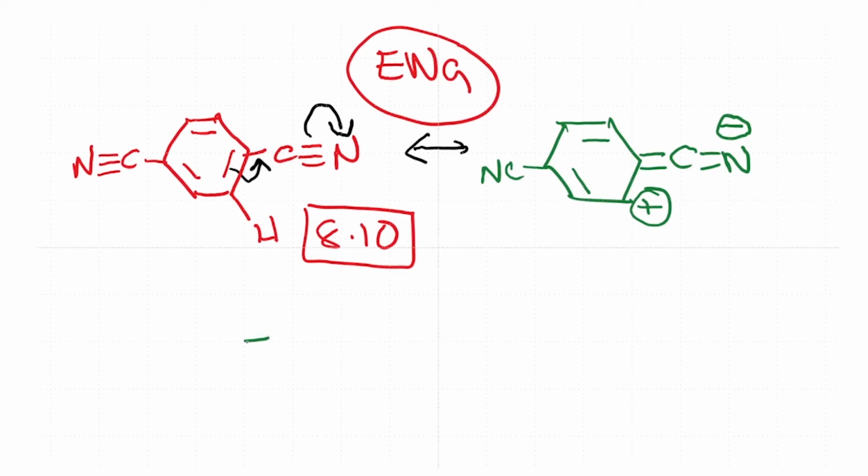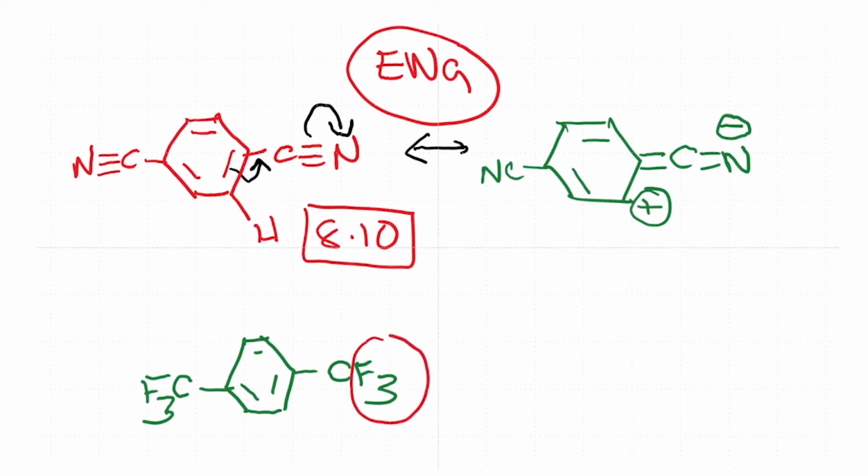The last example we're going to look at is this compound which has CF3. As you may know, the fluorine is highly electronegative. There is no possibility of a resonance-based effect, so this is going to be completely an inductive effect.